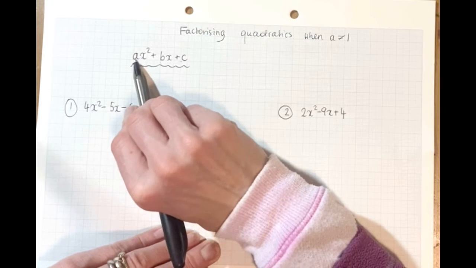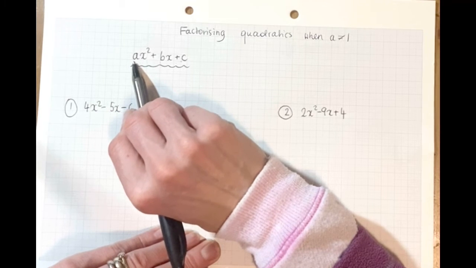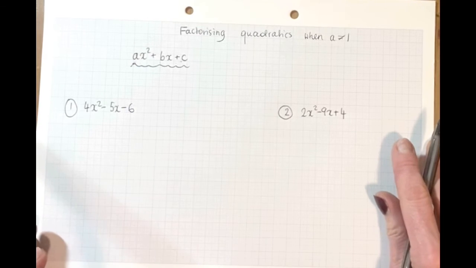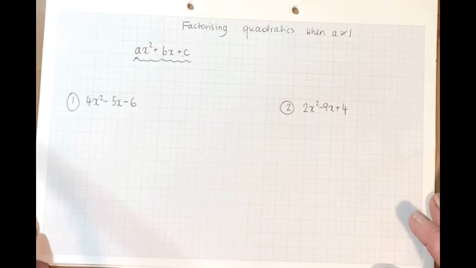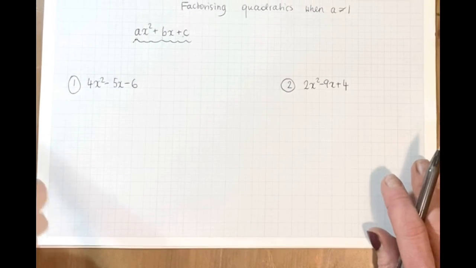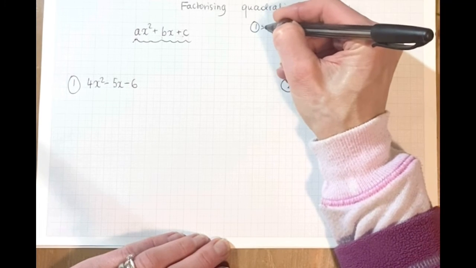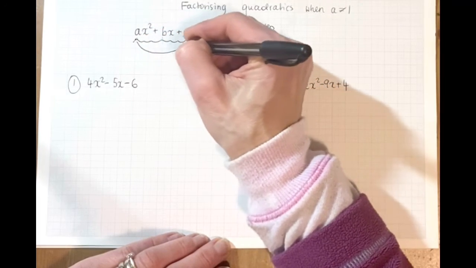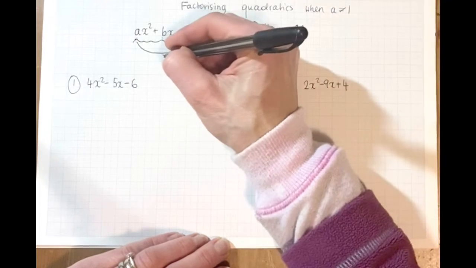Now, when a is not equal to 1, the factorization can be quite tricky. However, if you learn this method and practice it, it's going to be foolproof. So, let's have a go. The first step is to multiply a by c and work out what ac is equal to.